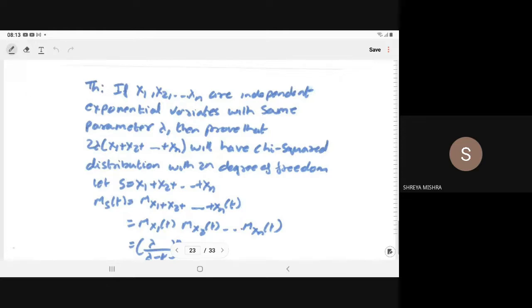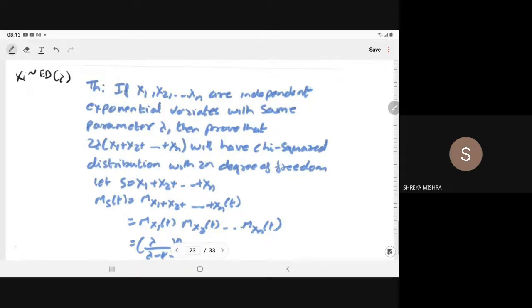Now, if x1, x2, ..., xn are independent exponential variates, you can see that each xi follows the exponential distribution with the same parameter lambda, for i equal to 1 to n.